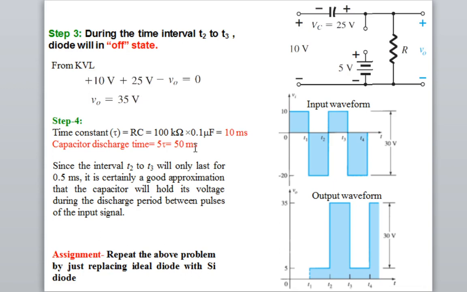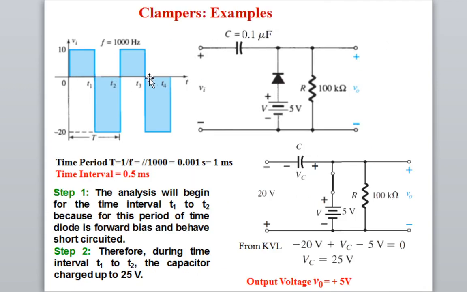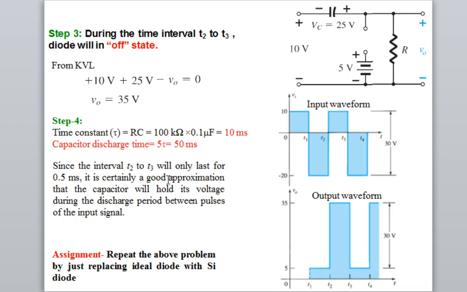It reflects that any time interval, T0 to T1, T1 to T2 or T2 to T3, lasts only 0.5 millisecond.